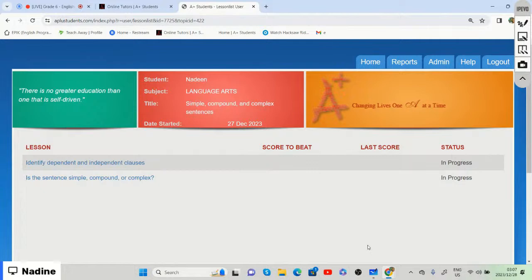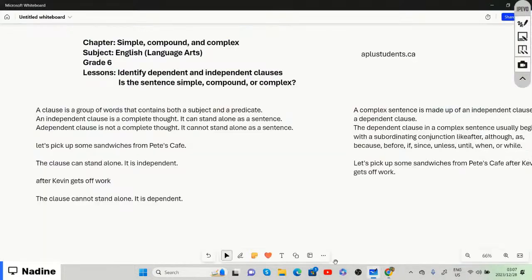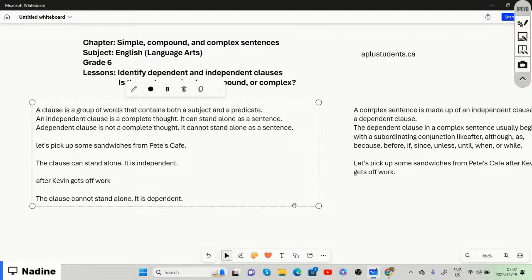All right. So our chapter is simple, compound, and complex sentences. Our subject is English, which is language arts, grade 6.